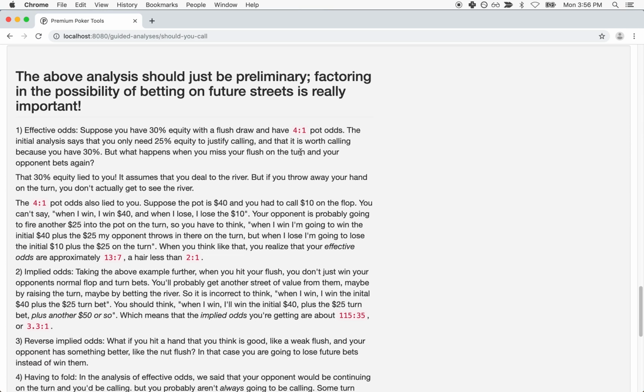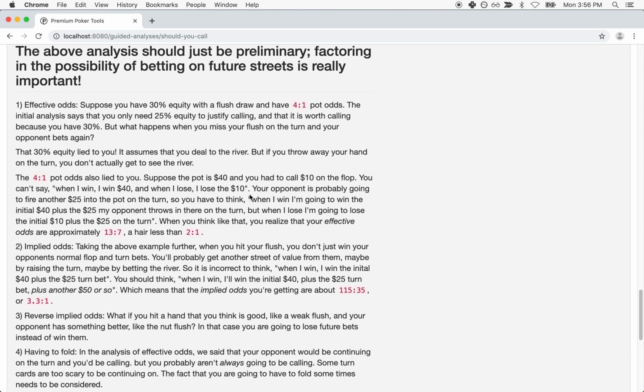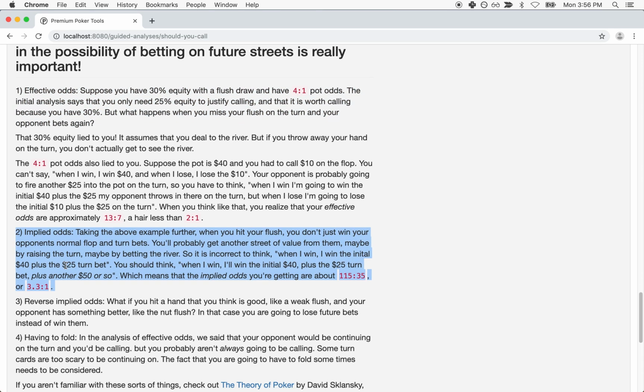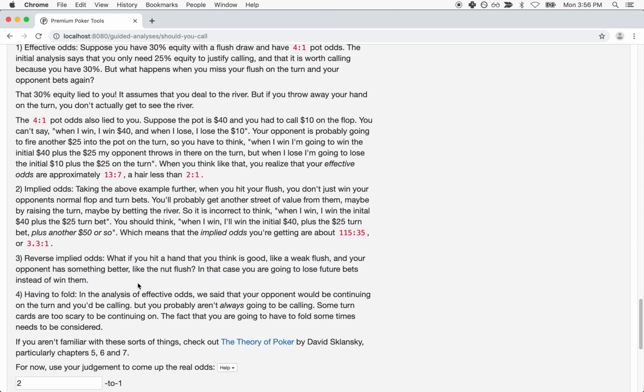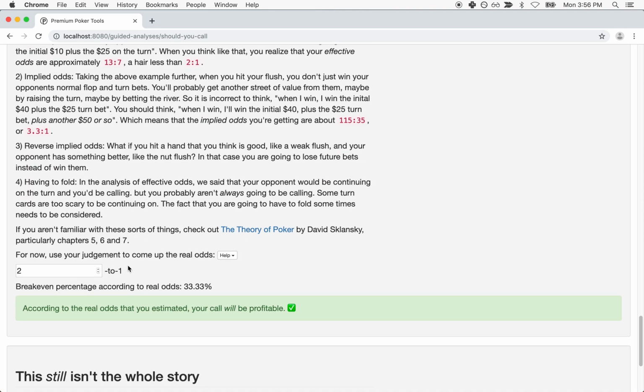So this next section goes into once we factor in future streets, and it explains some concepts such as effective odds, implied odds, reverse implied odds, all of these things. Once we factor all of this in, we can say what our real odds are. Let's say our real odds are maybe 1.5 to 1.